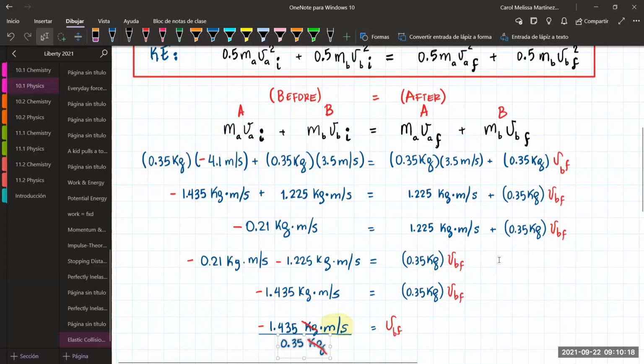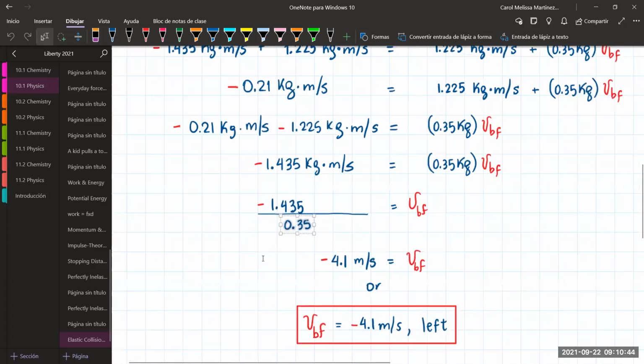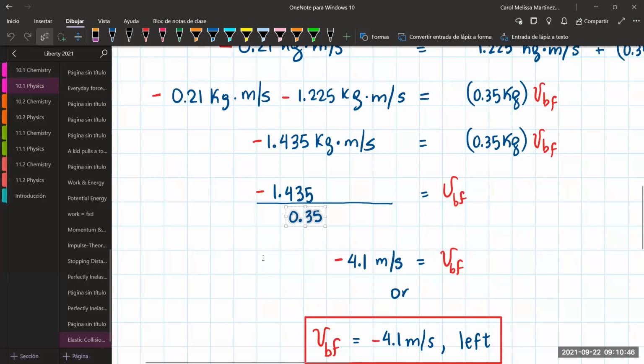Now, if you have to isolate for mass, for example, for the mass of the object B, that means that we need to know the velocity. Imagine that it gives you the velocity. Imagine that the 0.35 is velocity, okay?